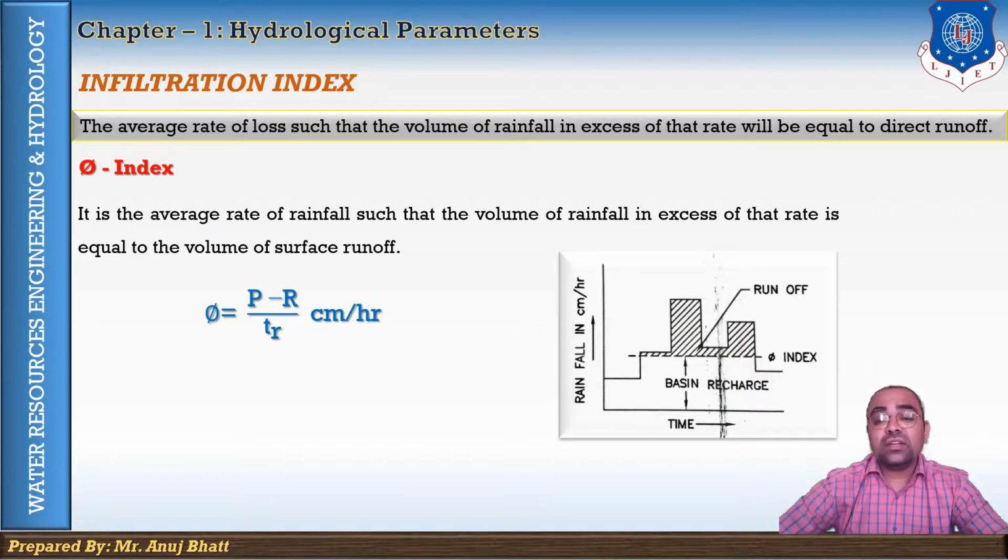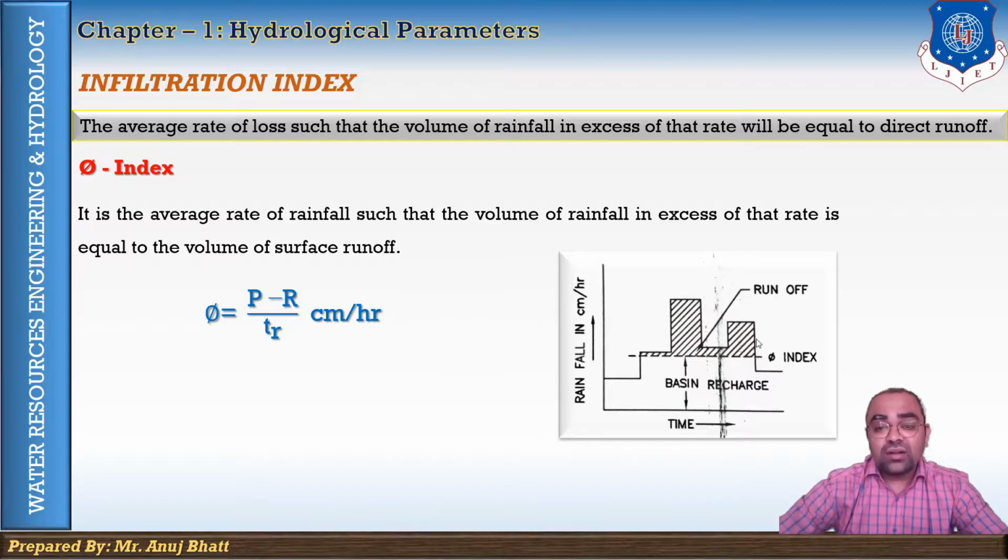For the determination of the phi index, a horizontal line is drawn on the hydrograph as shown in the figure. It should be such that the shaded area above the line, here mentioned as the runoff, is the volume of surface runoff.